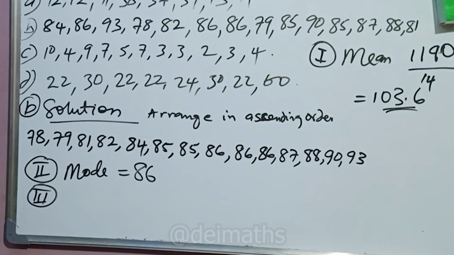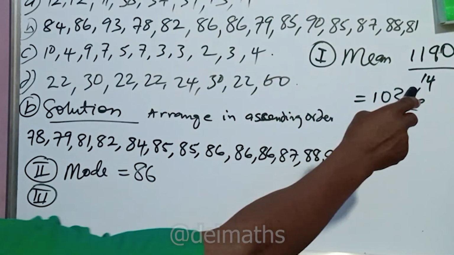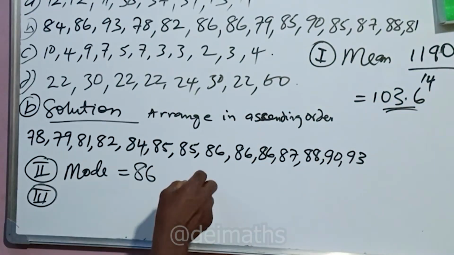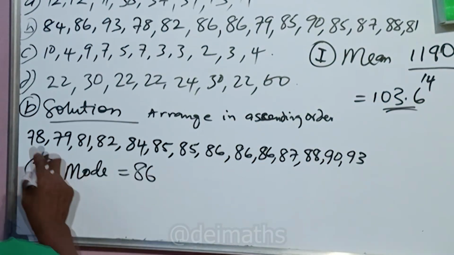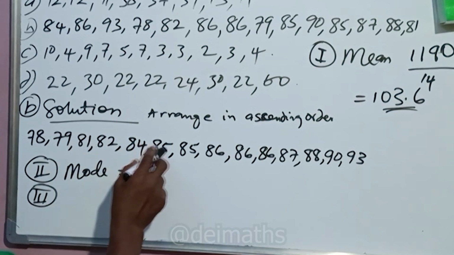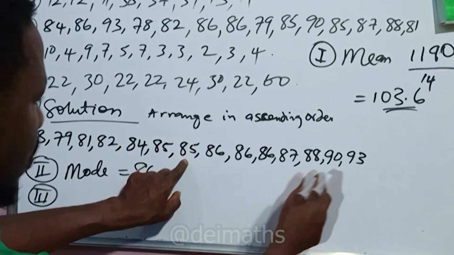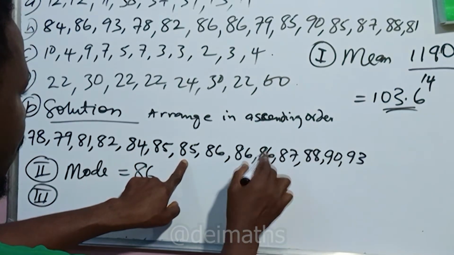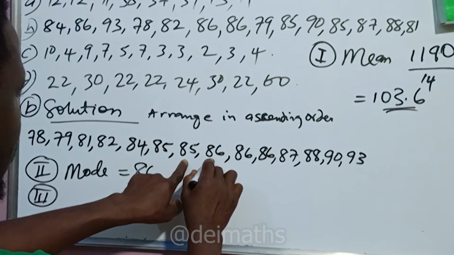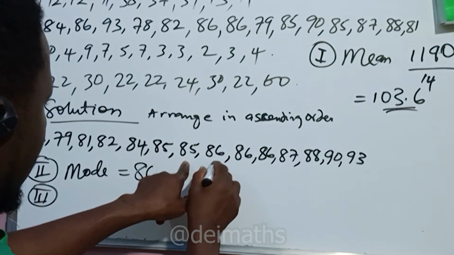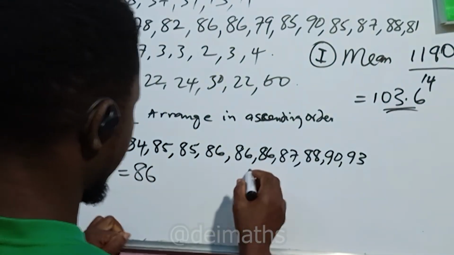The middle should be after 6. That is, if we divide this, it should be 7. The middle should be in 7. That is 1, 2, 3, 4, 5, 6, 7. So here is our middle. So we have something like this.